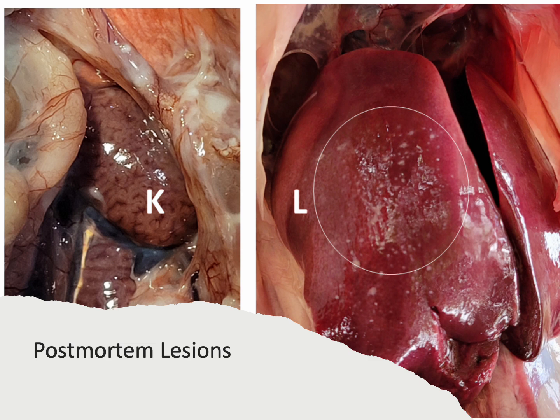Here we have more lesions of infectious bronchitis. On the left, where we have labeled the letter K, this is the kidney of the chicken. If you're familiar with the anatomy of the chicken, you would know that the kidneys should actually lie in the cage of the vertebrae.